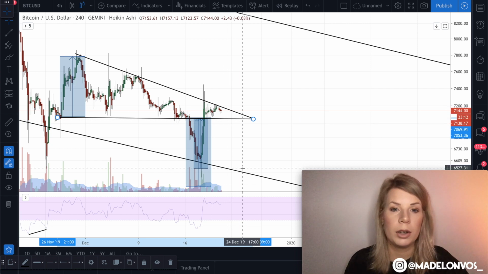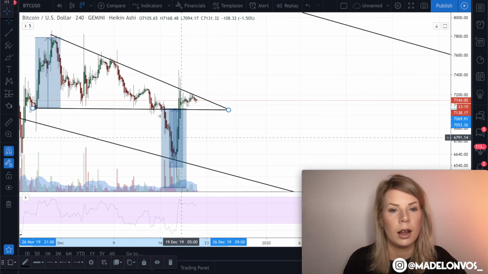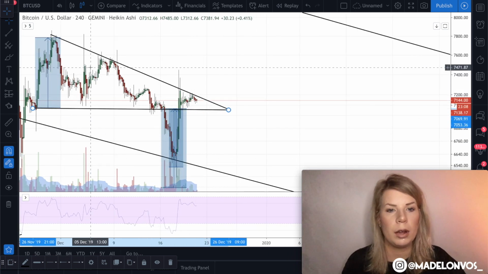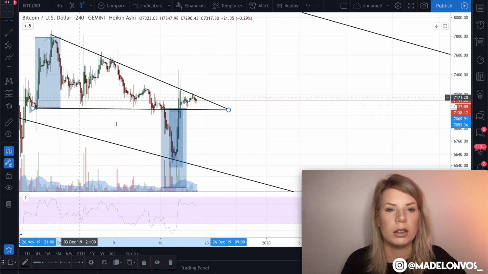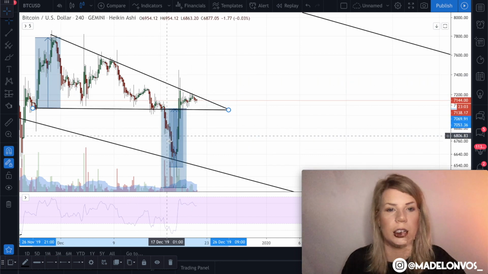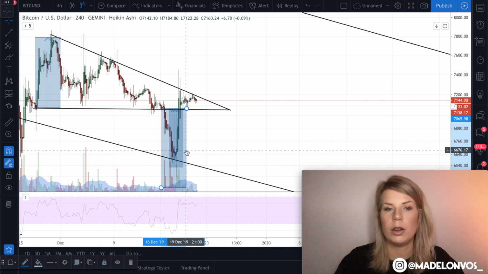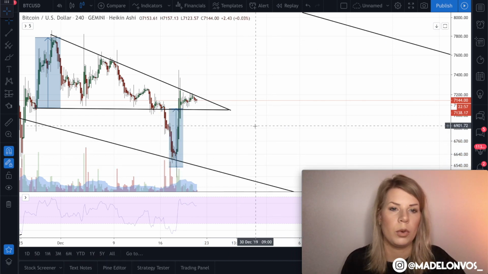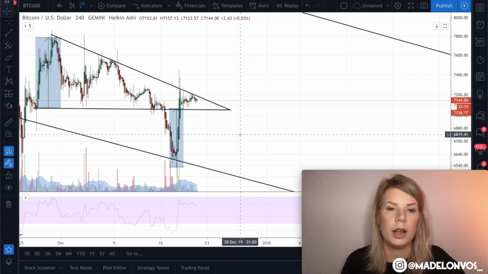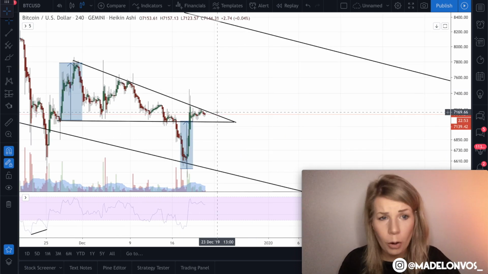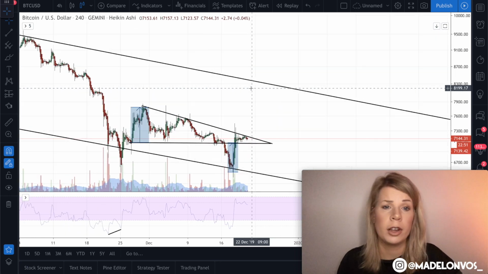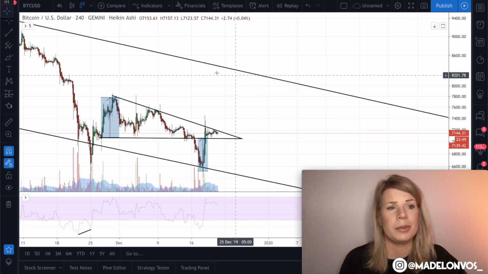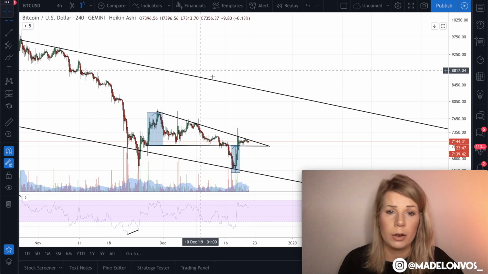This could mean that the price could go down again, and the wave's probably not going to be as big as what we have seen over here. But still, if we go down, this is going to be a point, or maybe over here, to buy back in. I hope we break out upwards, but yeah, probably we're not going to break out upwards.